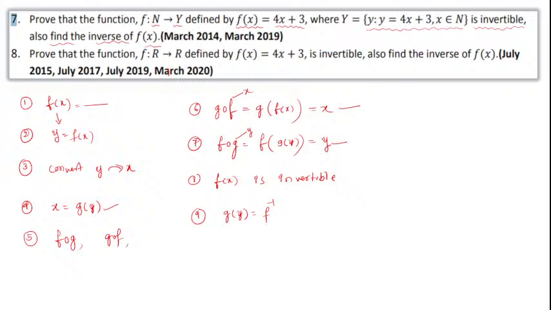So this is how you find the given function's inverse and show it is invertible. These are the easy methods to follow in order to prove whether the given function is invertible or not. Let's go through this directly.